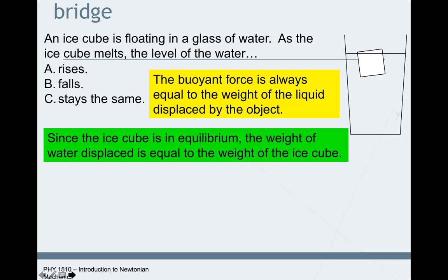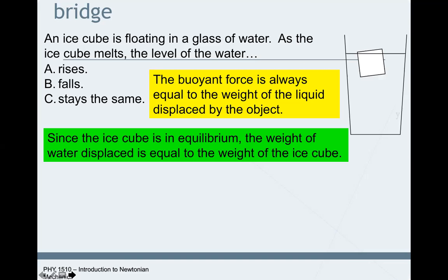But Archimedes' principle says the buoyant force is also equal to the weight of the water displaced. Connecting these two equations, you get the weight of the ice cube equal to the weight of the water it is displacing. So you see that little extra bridge in between them.